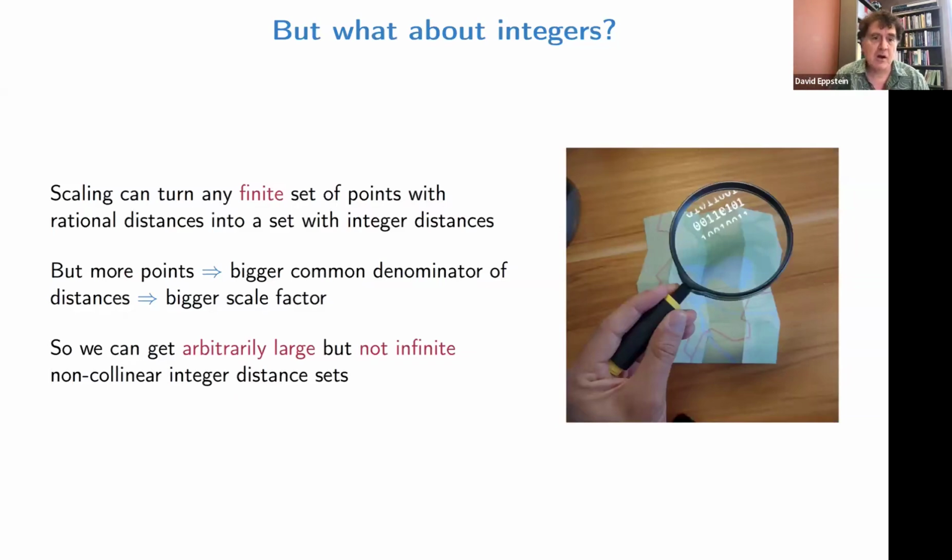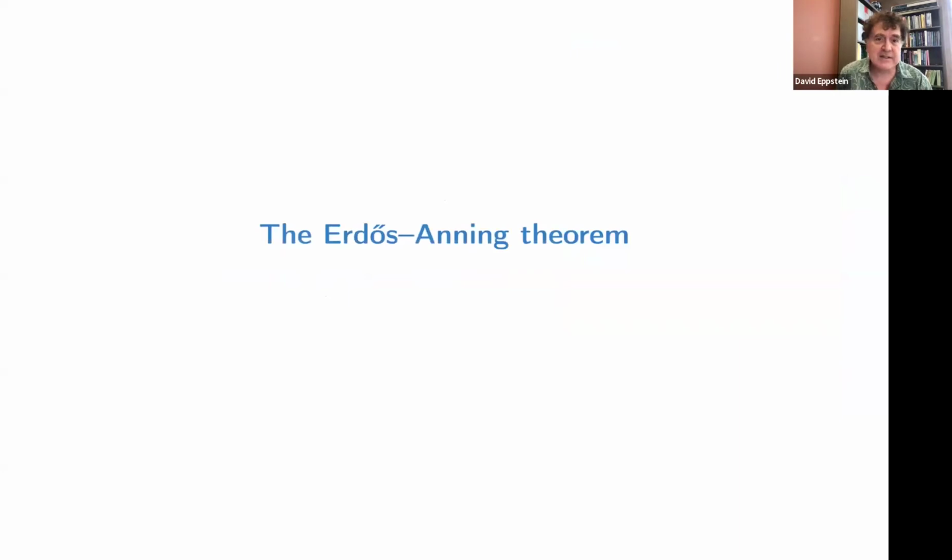But that gives you arbitrarily large subsets of the circle, for instance, with integer distances, but it does not give you infinite sets of points with integer distances. Because the more points you add to your set, the bigger the scale factor you need. And so there's not one common point set with all the distances integers, infinitely many points. And so that is the subject of the Erdős-Anning theorem.